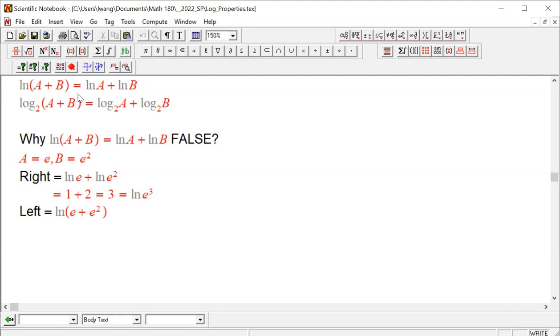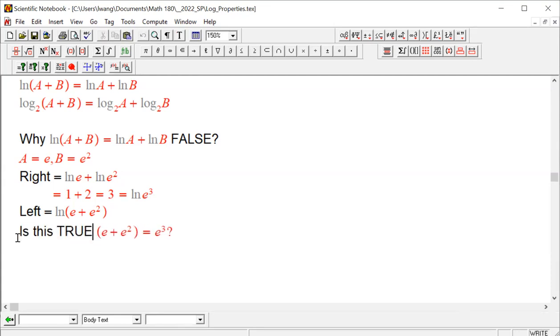So the next question is, does e plus e squared equal e to the power 3? Is this true?